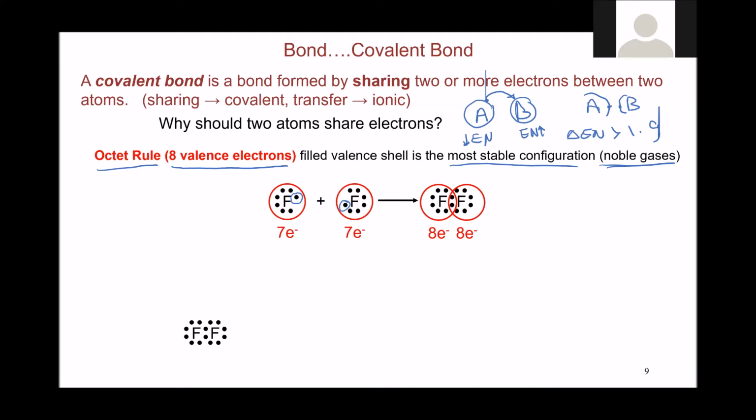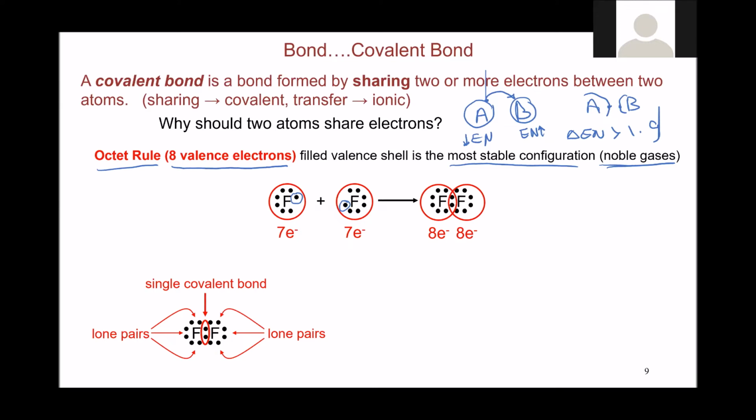In this context, you will find that there are two types of electrons here. Electrons that completely belong to one atom or the other, so they're not shared, are called lone pairs. And that single pair in the middle is completely different. It's shared between both of them, and it constitutes the bonding pair, or the covalent bond, that binds the two atoms together.